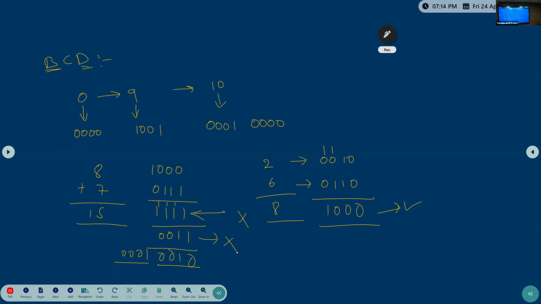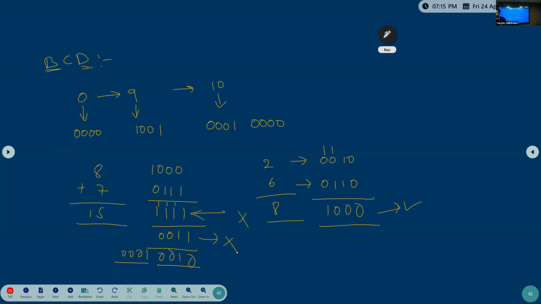In hexadecimal, how many numbers will be there? 16 numbers, 0 to 15. After 9, the format changes. 10 we can't represent in BCD. 11 we can't represent. 12, 13, 14, 15 we can't represent.